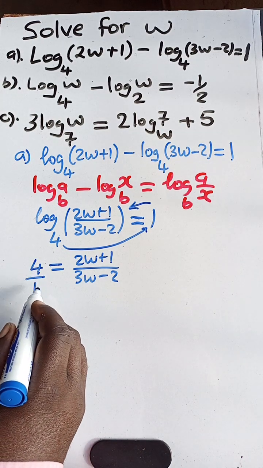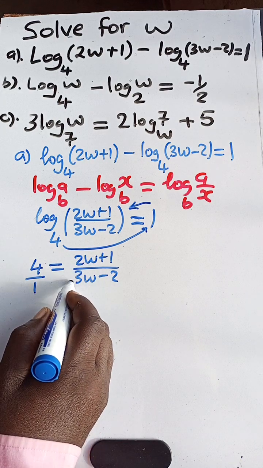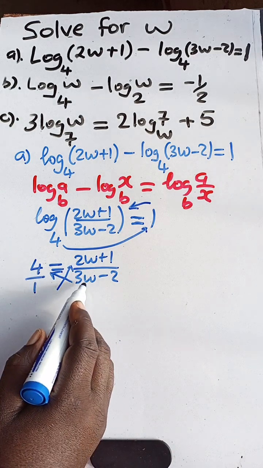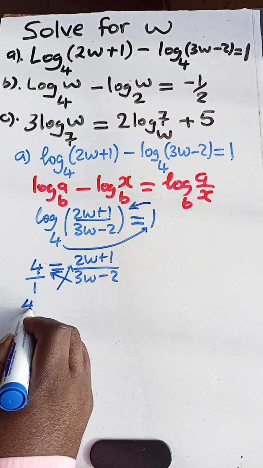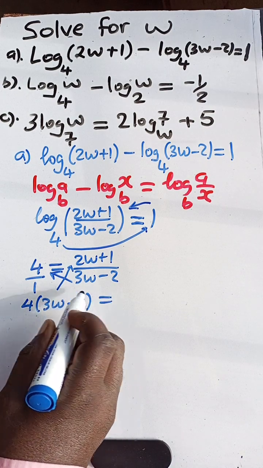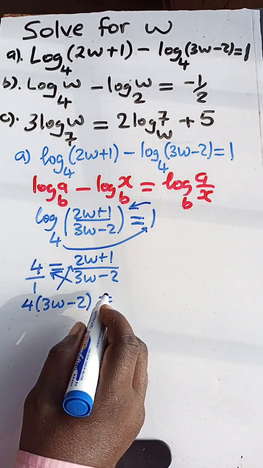We're writing it in such a manner because the right hand side is a fraction, so that we can carry out cross multiplication. This denominator multiplied to the numerator there, so we have 4 into 3w minus 2. This denominator, look at the arrow, multiplies to that numerator.